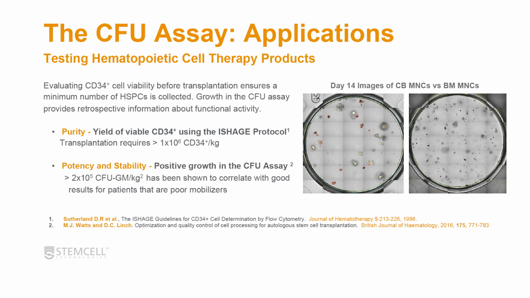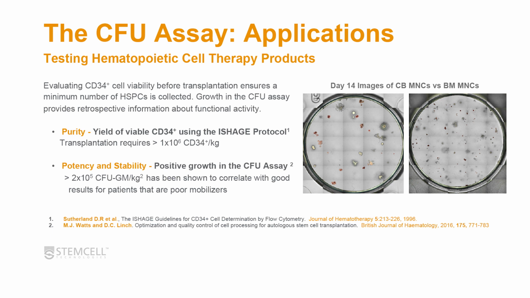In fact, some recent publications by Dr. Watts and Lynch here, and this reference is included down here, show that if you've got a poor mobilizer, and this happens quite a bit with patients with disease, you basically have no choice. You inject them anyway, and if you've done a CFU assay, typically what correlates with good engraftment is when patients present with 2 by 10 to the 5 CFU-GM per kilogram.